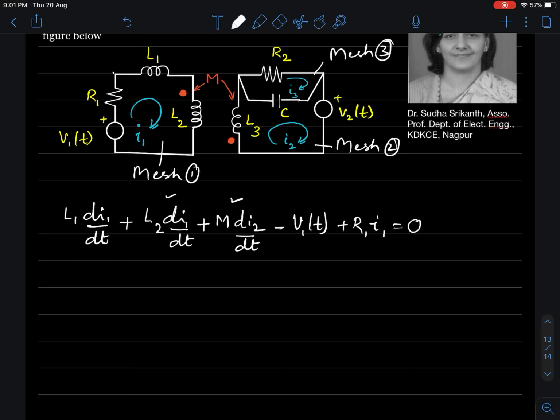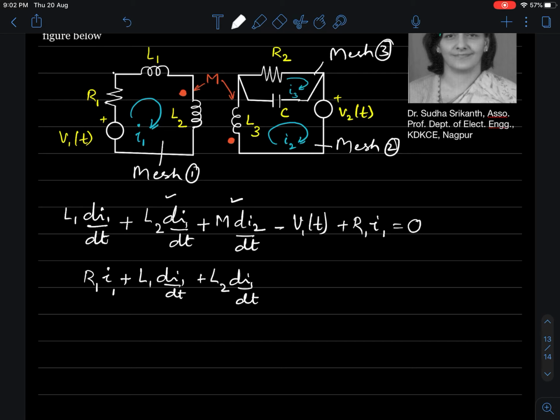Now grouping the terms, we can even write this as, let's group the terms. I will group the terms containing di1 by dt. So if I group the terms, what do I get? I will get R1 into I1 plus L1 di1 by dt plus L2 di1 by dt.